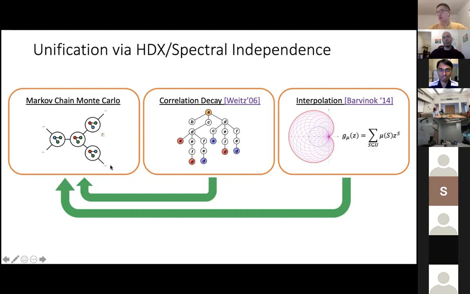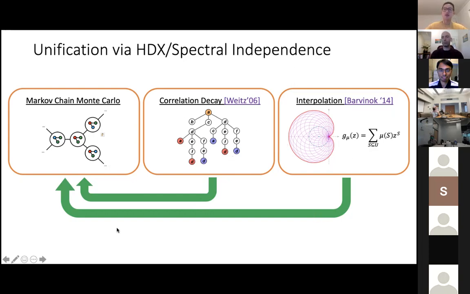So in this field of approximate counting and sampling, which is where I come from, these three are roughly speaking the main methods for approximate sampling and counting for which we have provable guarantees. And using this lens of spectral independence, what you can say is that whenever correlation decay and interpolation work, so do simple Markov chains.